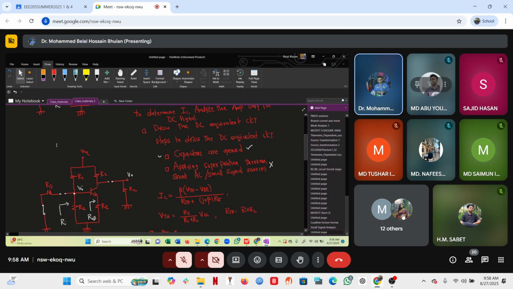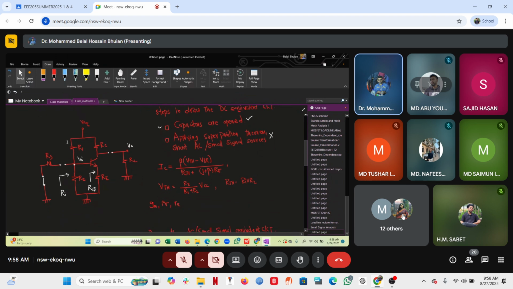So what are we left with? We found that it's a voltage divider network. We analyzed it, obtained the expression for IC, and from there we obtained the expressions for GM, R pi, and RE.